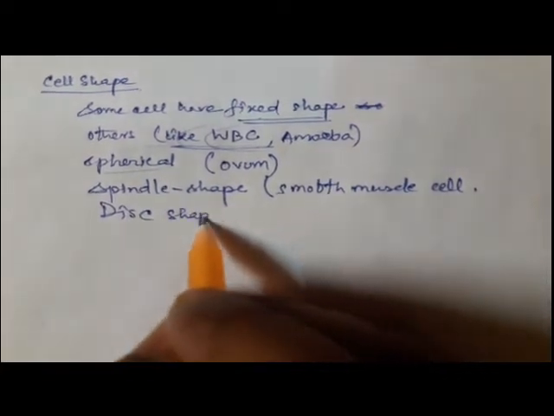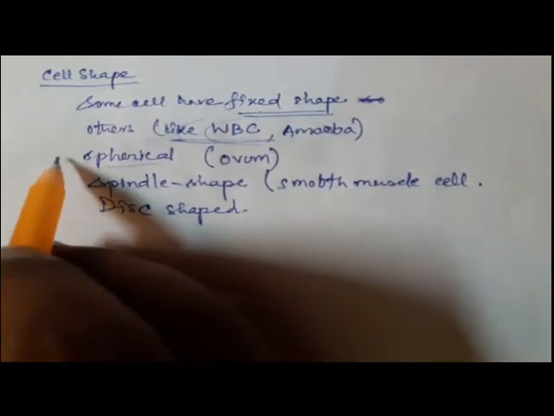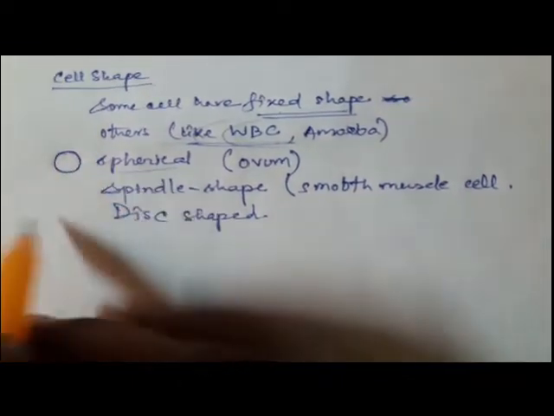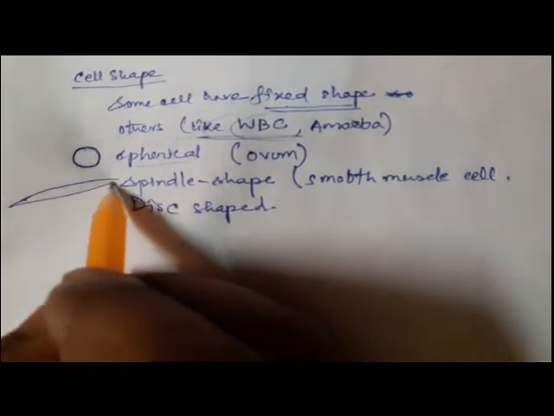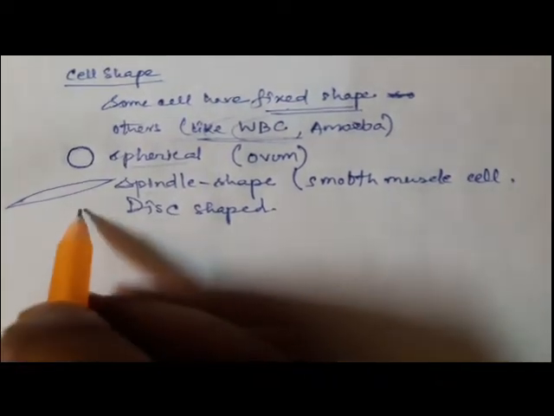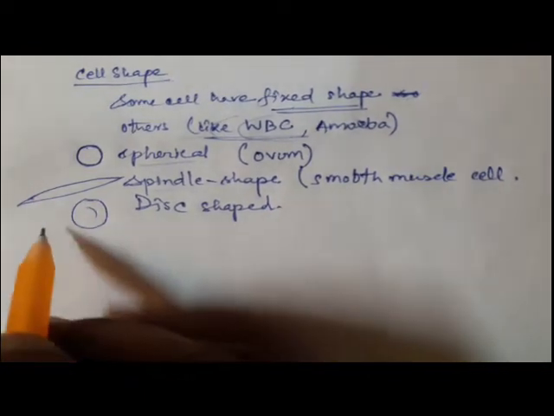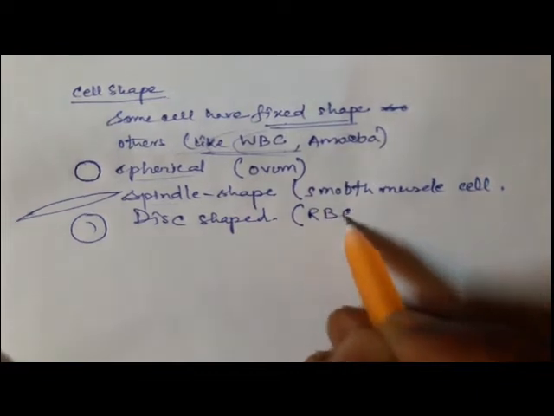It can be disc shaped, right. Let me just draw in a very small manner. If I'm talking about this, it is spherical. If I'm talking about spindle, it is going to be something like this, elongated. If it is disc shaped, it is just going to appear like that, disc shaped in case of RBC.